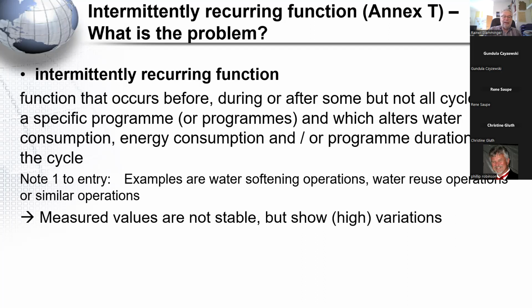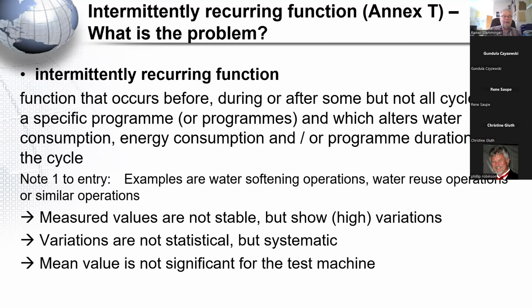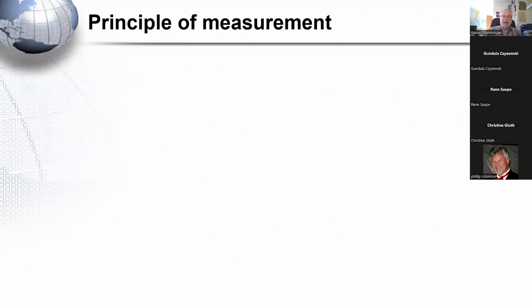So we need to find a way how we can come up with values which are statistically significant, so that we can say these are the values with a good accuracy, and we can use these values for coming up with the right consumer information.